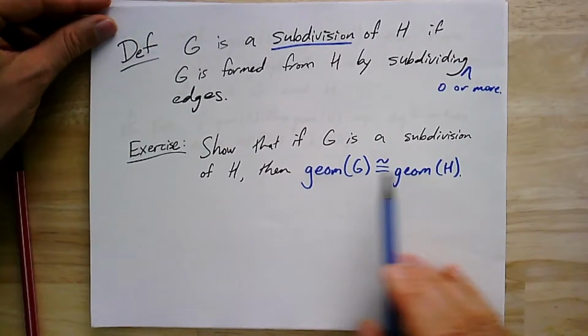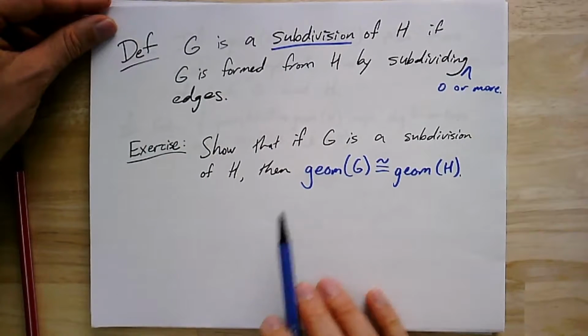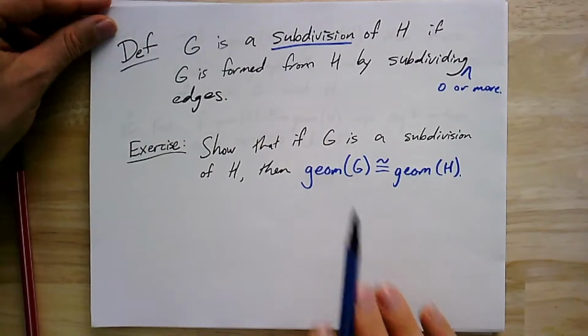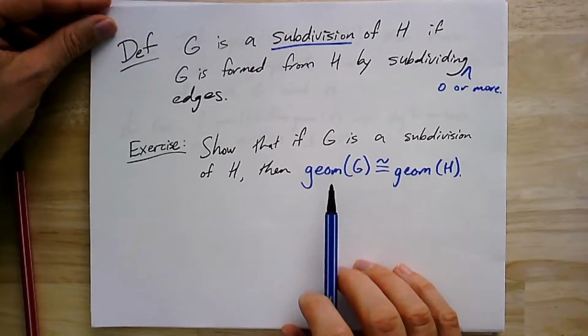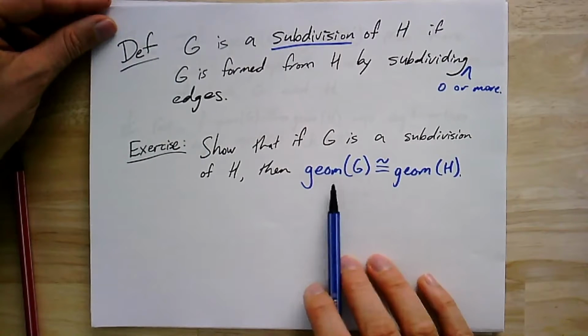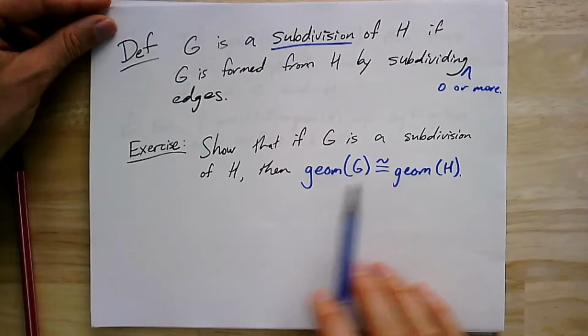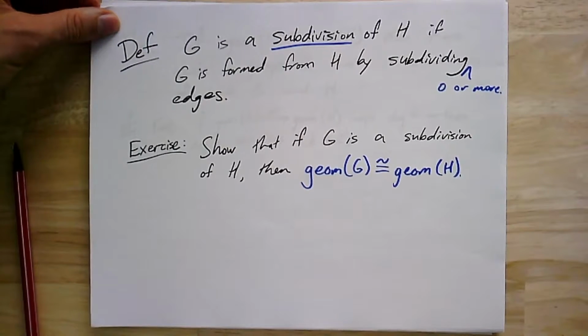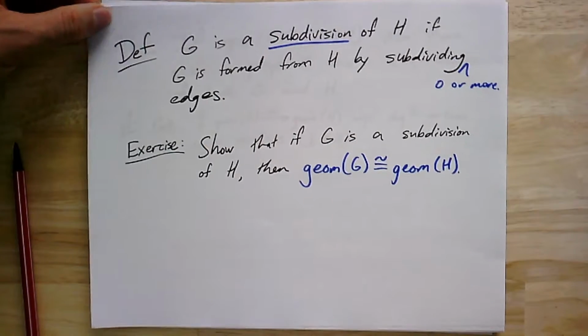And the way you would prove something like this, I think, would be to do it one edge split at a time, one splitting or subdividing one edge at a time, and applying or constructing a homeomorphism for each step similar to the one we did for the paths. All right, it's not too hard an exercise, but it's worth doing if you want to get your head around these definitions a little better.